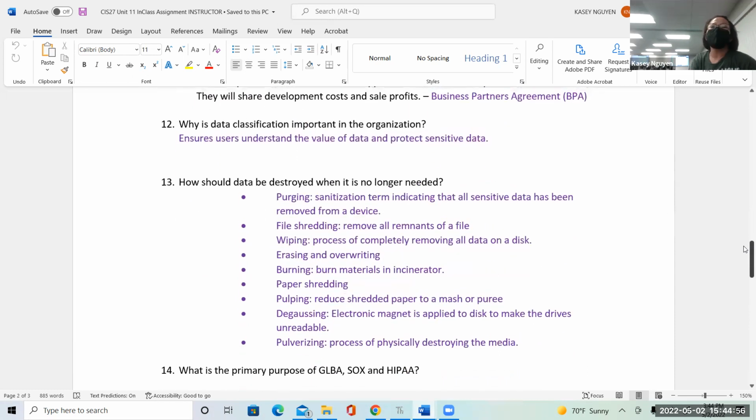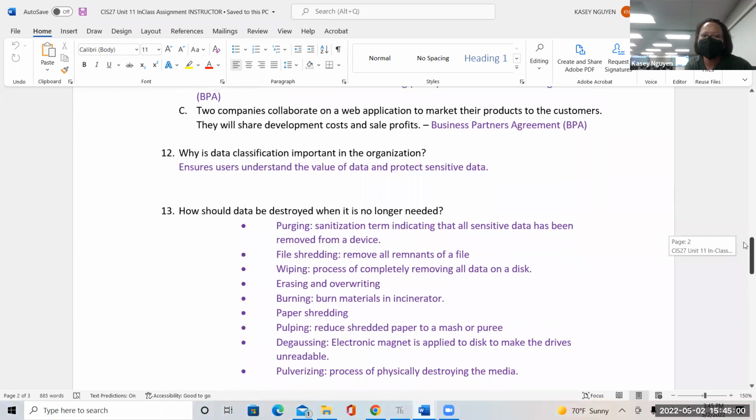We talked about how data is important in an organization, because data classification allows you to ensure the value of the data and how you're going to protect that data.